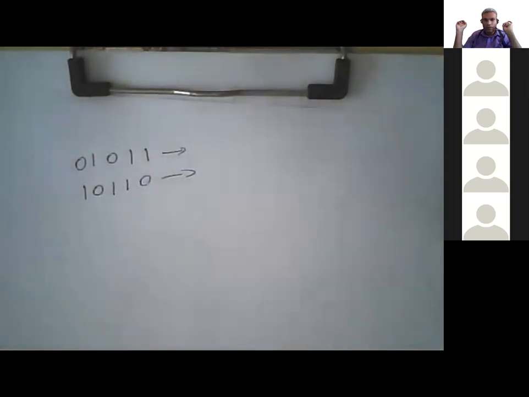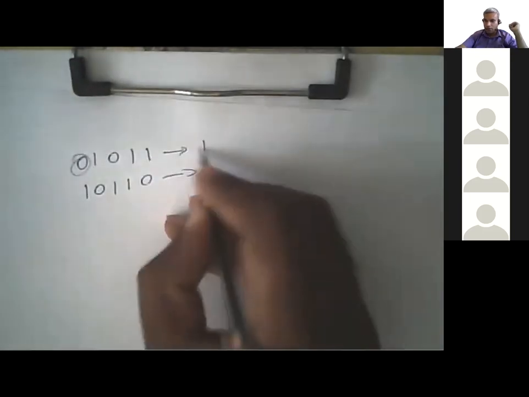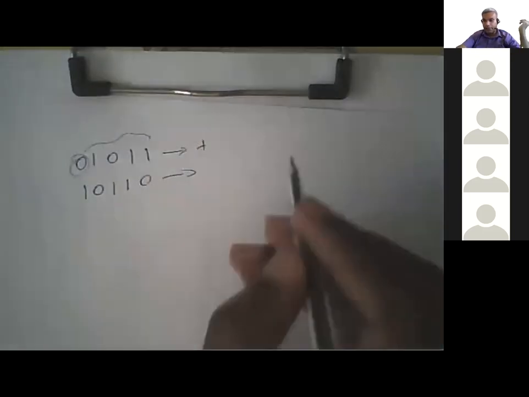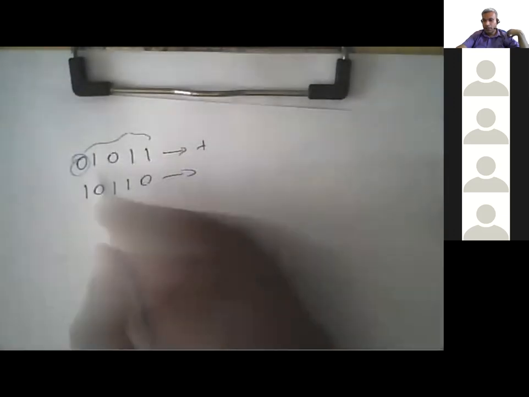Okay, first one is positive 11. Second one, here you have two steps. It's a negative number. You put the negative sign, then you flip all the bits, and then you start calculating the values. This is positive, and this part I can directly interpret as magnitude 1, 0, 1, 1, 11.